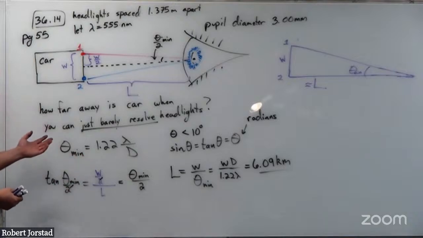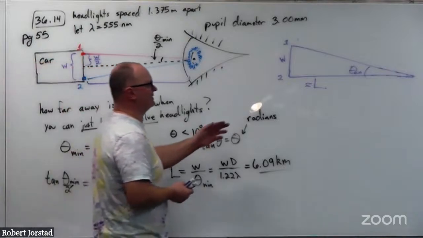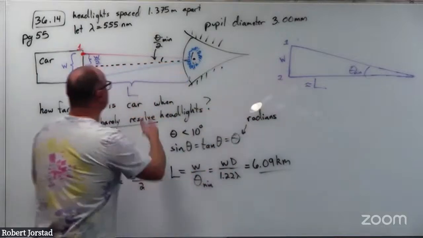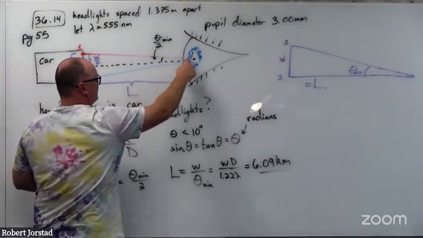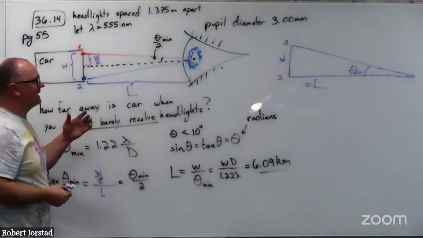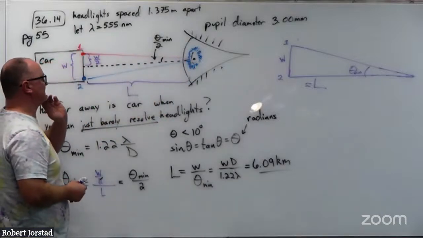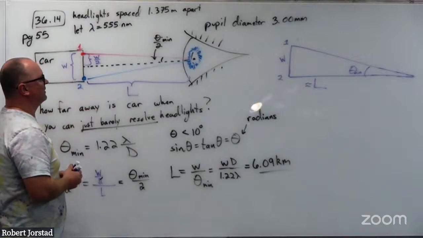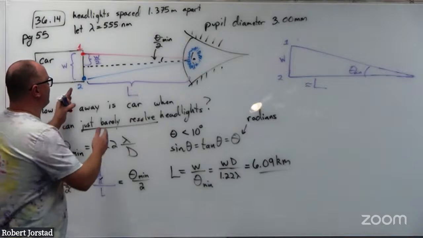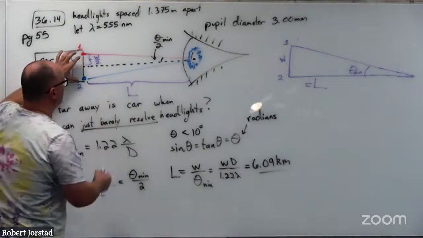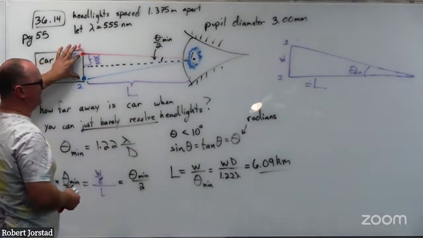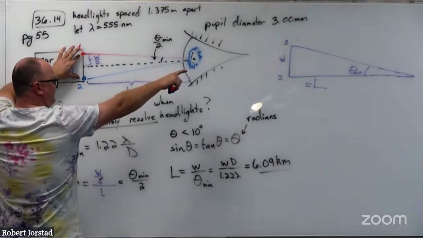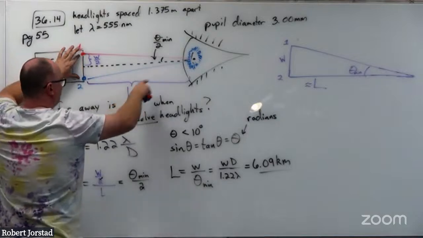So in a lot of books, you probably will see somebody just says tangent theta equals W over L, even though this doesn't look like a right triangle. It doesn't look like a right triangle because the scale is absurdly exaggerated, right? So if you actually drew this to scale, if this is 1.4 meters, the length that is involved is 6 kilometers, so 6,000 meters.